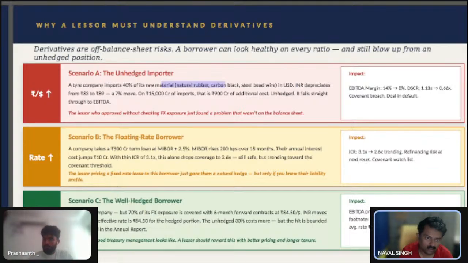That means P plus S naught is equal to C plus K e to the power minus R delta T, where C is the value of call, K is the strike price, R is the risk-free rate and delta T is the time, and P is the value of put and S naught is the asset price, right?